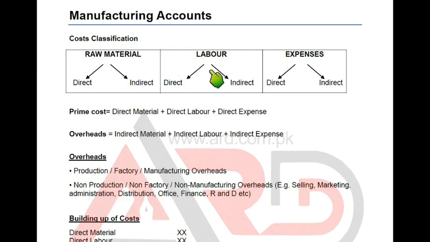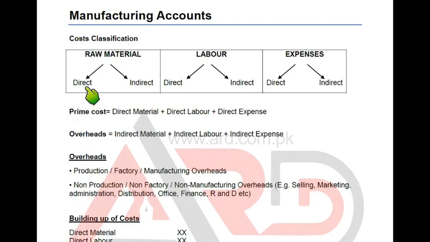Secondly, we have labor input, that means whatever labor is working to make the product. And thirdly, we have expenses such as electricity, rent, depreciation, and so on. So first of all, we need to understand there are three basic elements of cost, which are material, labor, and expenses.